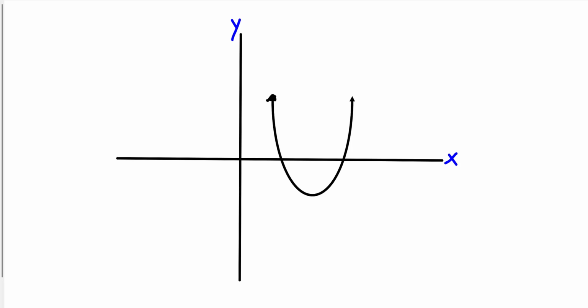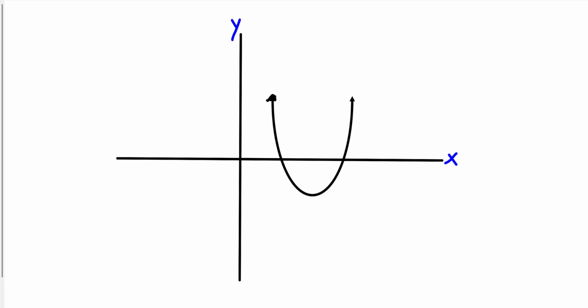What do you think? I'm going to put a poll. Same thing. Thumbs up if you think the parabola can have less than 2. Thumbs down if you think, no, it can only have 2. So, thumbs up if you think it can have less than 2 x-intercepts.